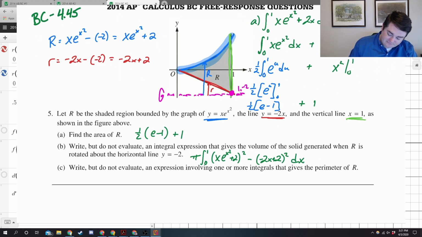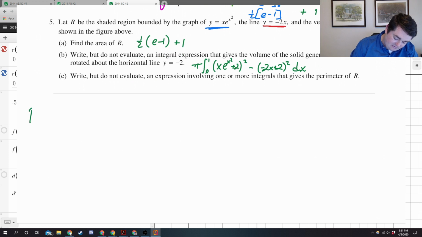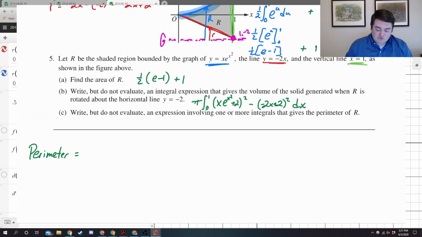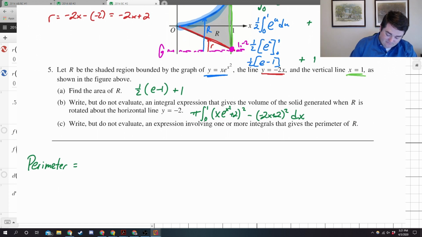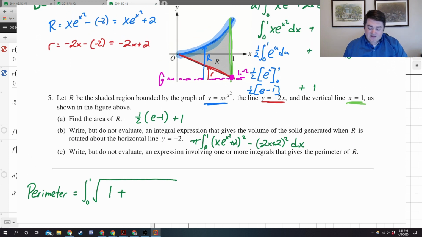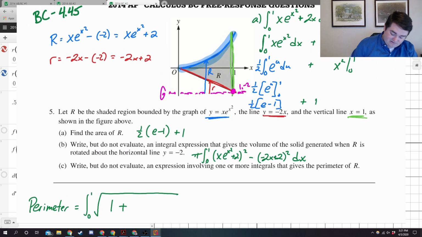So remember that arc length is the integral of the square root of 1 plus dy dx squared. So the integral from 0 to 1 of the square root of 1 plus the derivative of x e to the x squared. So I need to pause here, go somewhere else, and find the derivative of x e to the x squared. That's going to require the product and the chain rule.